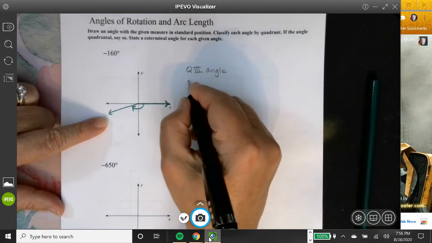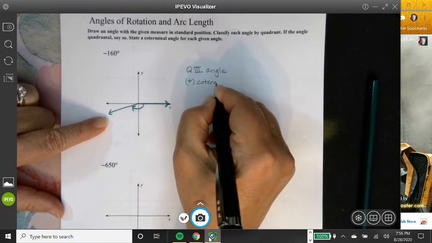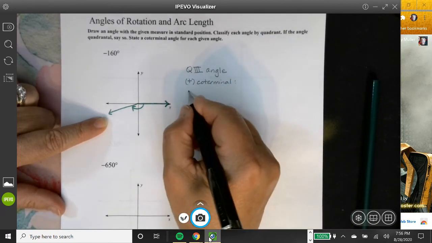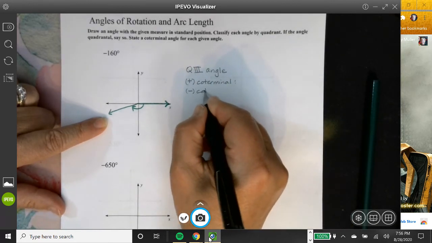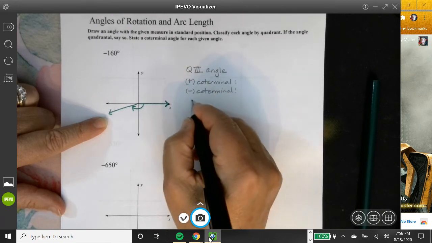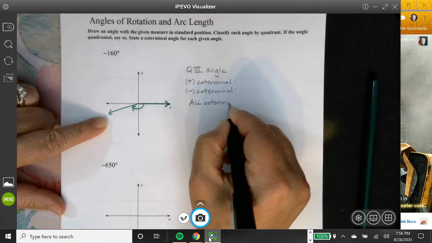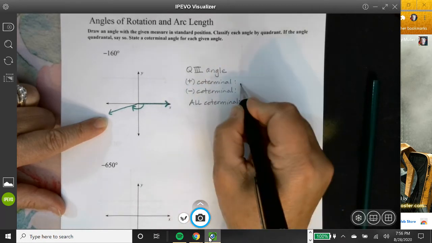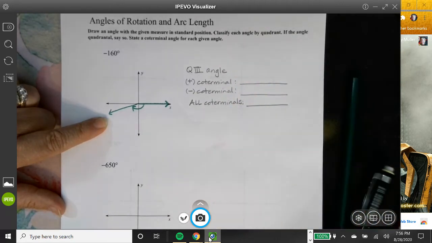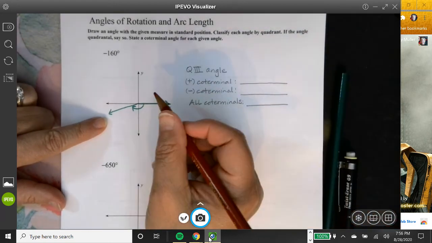And if I want a positive coterminal, and I want another negative coterminal, and I want an expression for all of the coterminals, you'll see what I mean in just a minute. Okay, so here we go. Well, a positive coterminal, remember, a coterminal means that I'm sharing the same terminal side.